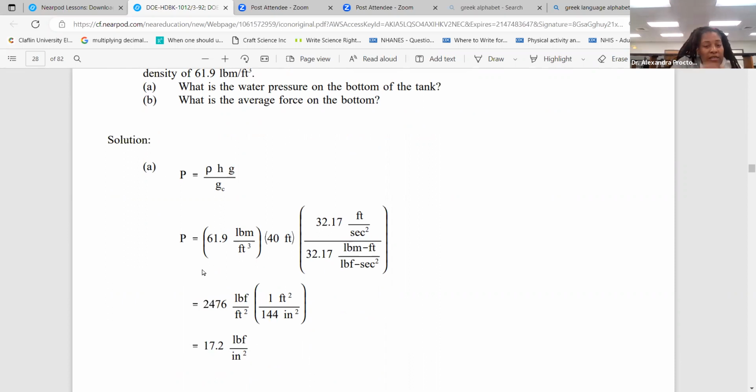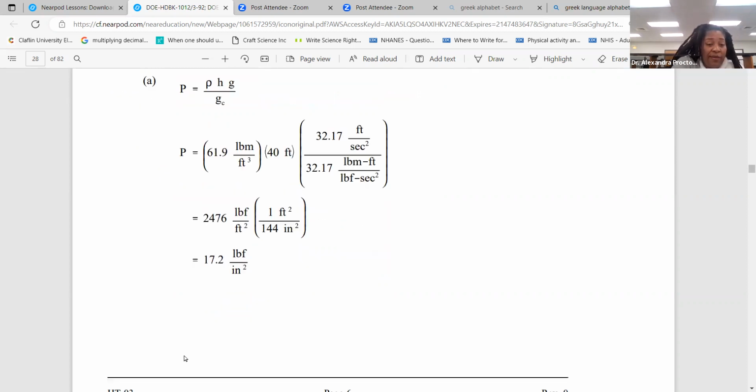And then of course, they multiply that by 32.17 feet per second squared divided by 32.17 pound mass foot per pound force second squared. Here they put in this conversion factor again. So the answer for part A is 17.2 pound force per inch squared.